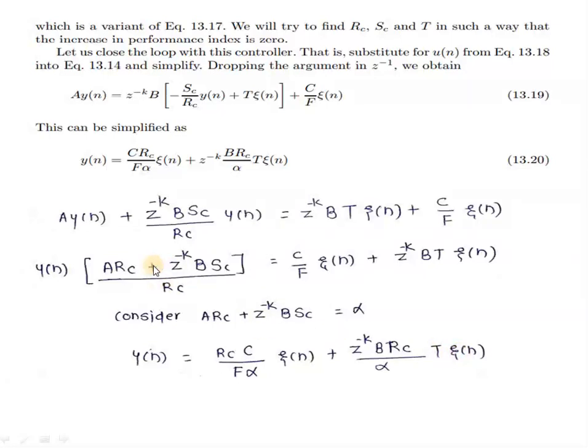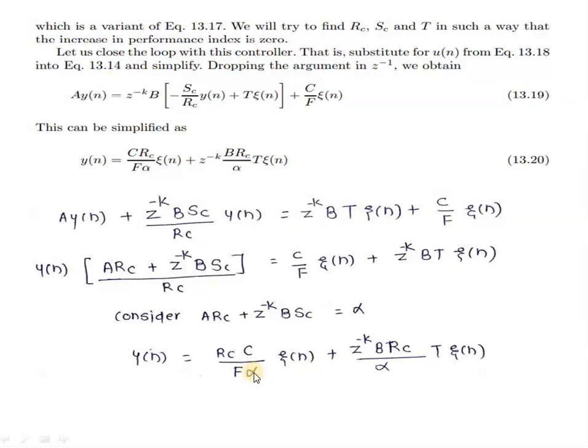We have taken these two terms to the right hand side, so RC becomes multiplied and alpha becomes divided. Therefore this is the same equation as before. I have just given the solution of how to get this equation from that equation.